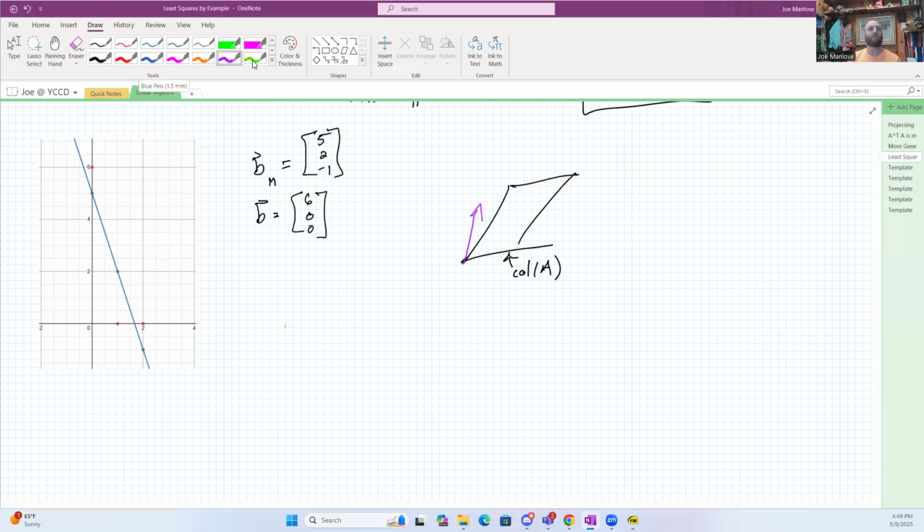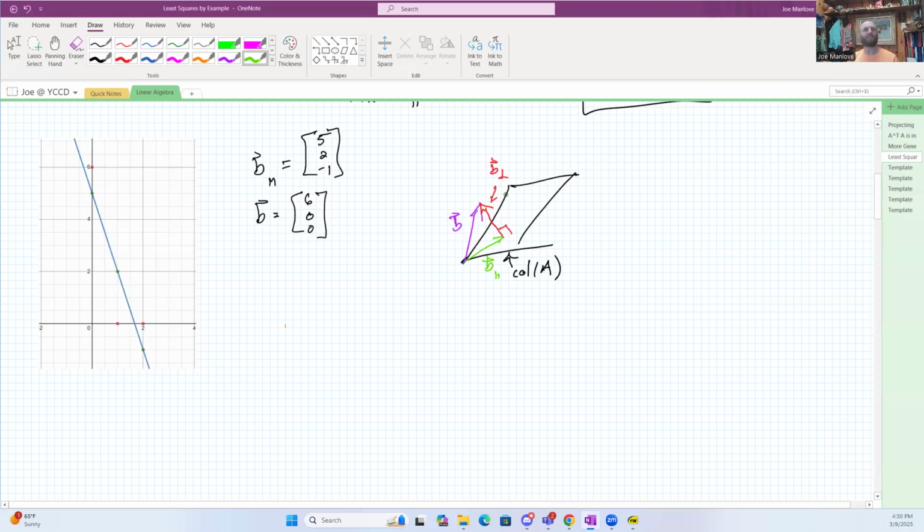So I decomposed it into a green piece in the column space and a red piece that sticks straight out of the column space. That red bit is B perpendicular, which we're not using. The purple bit was my original B, and the green bit is my B parallel. That's the one that's actually in the column space.